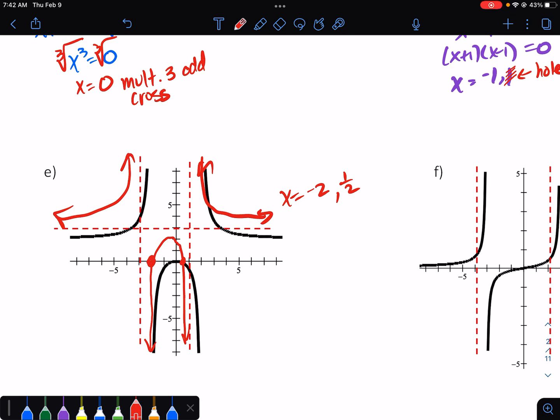You're just judging off of a graph, so that is fine for estimating purposes. Notice that they both cross, so they're going to have a multiplicity of, sorry, not a multiplicity of 0, a multiplicity of 1, or 3 or anything that's odd. Okay. Now our y-intercept here is going to be at 2.